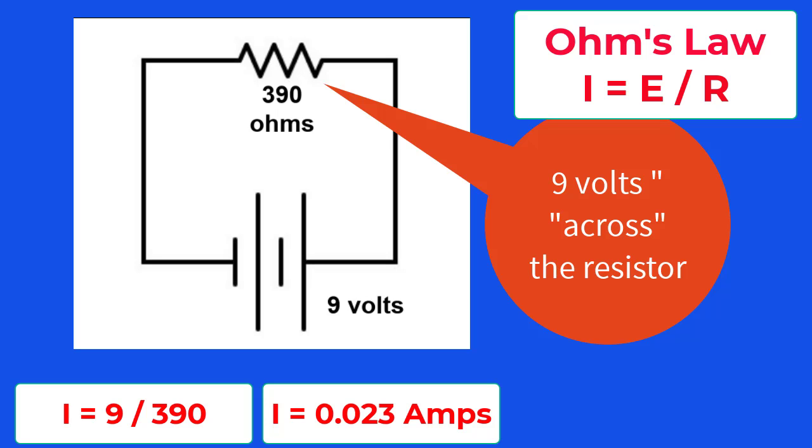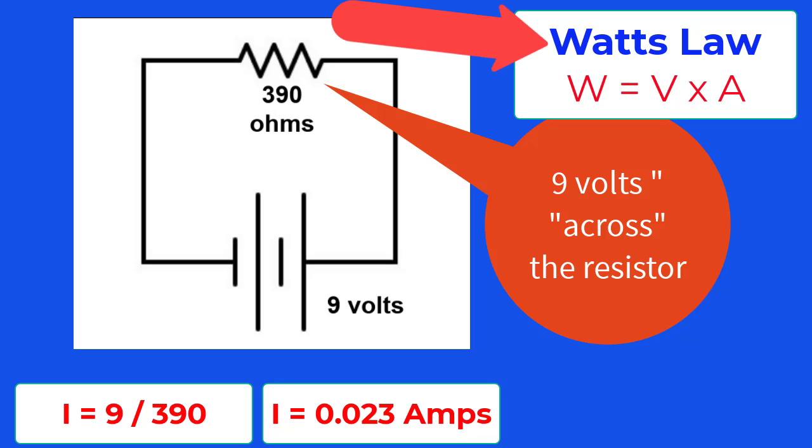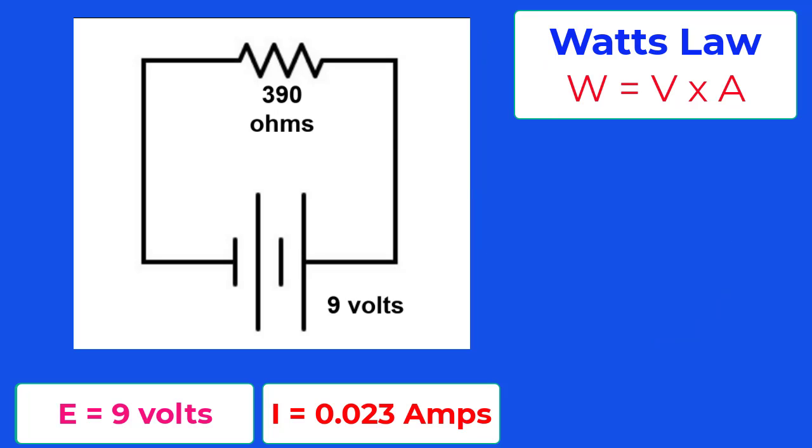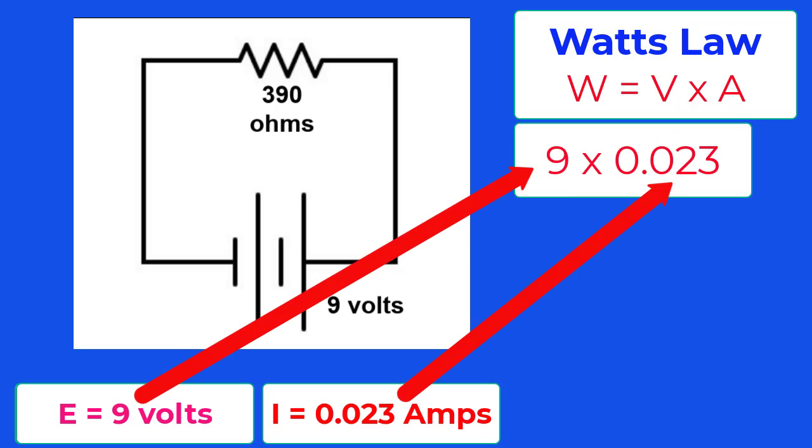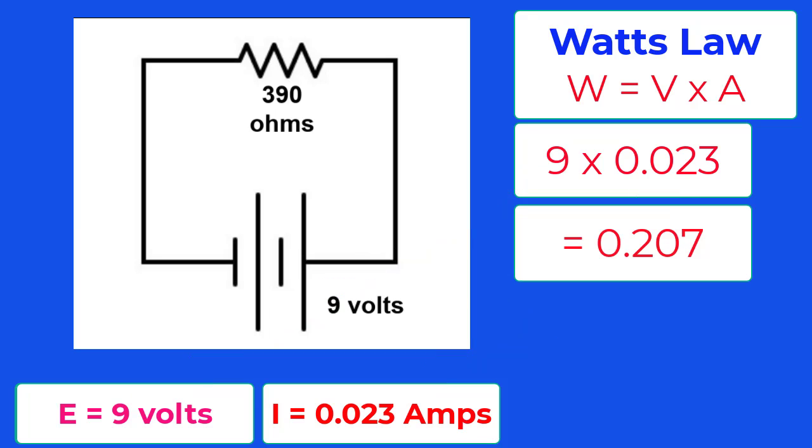Then, using Watt's law, we multiply the volts times the amps to get the amount of heat needed to be dissipated by the resistor. So, we have 9 times 0.023, which equals 0.207. What does that tell us?